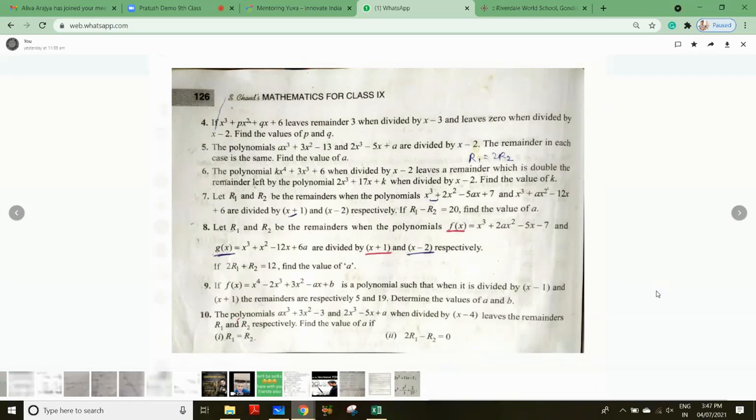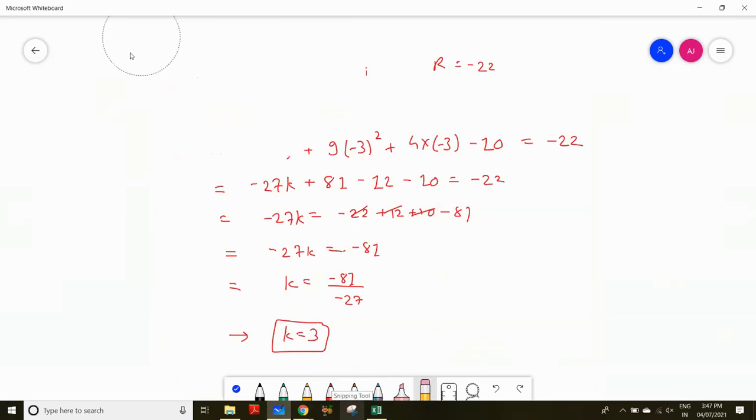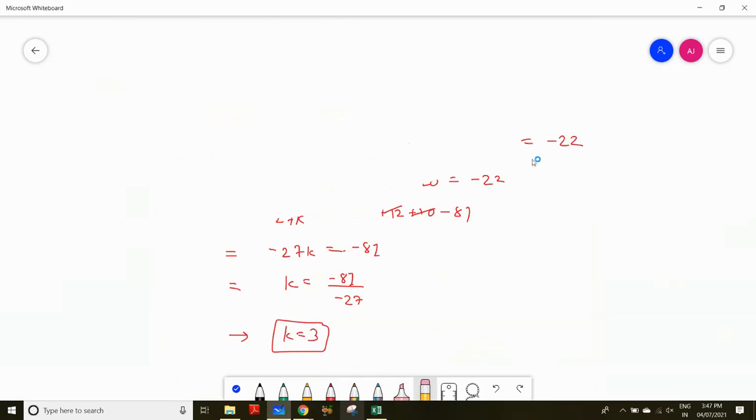Okay, so we will try to solve this question on the whiteboard. I'll first erase this. See, the polynomial is given: f(x) equal to x cube plus px square plus qx plus 6.